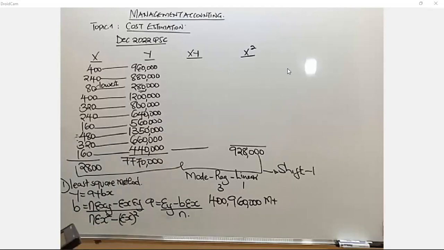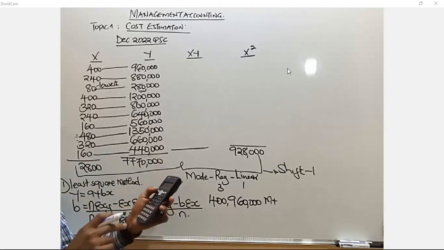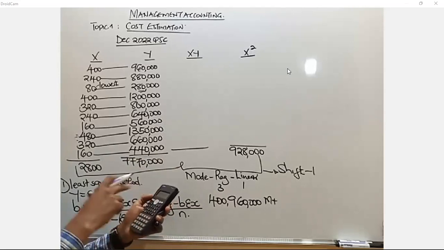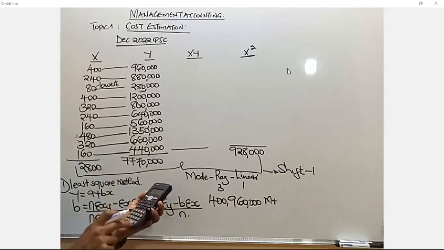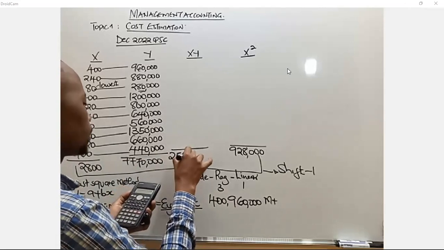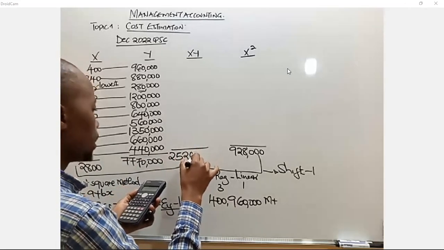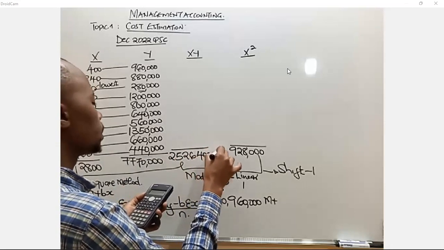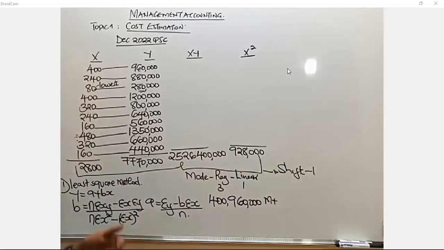Then the third and last one, I repeat the same, Shift 1, and then scroll. The last one, under the number 3, is 2,526,400,000. This is how you are supposed to do it.